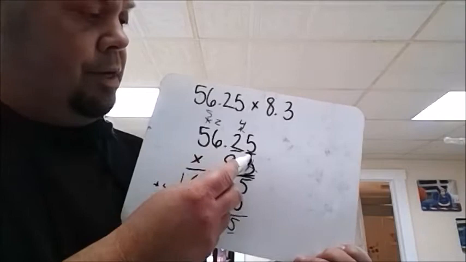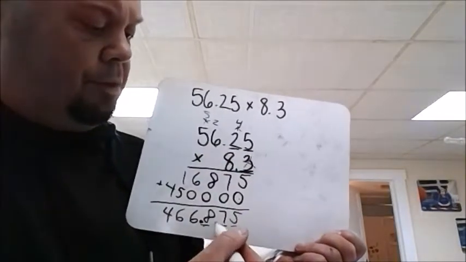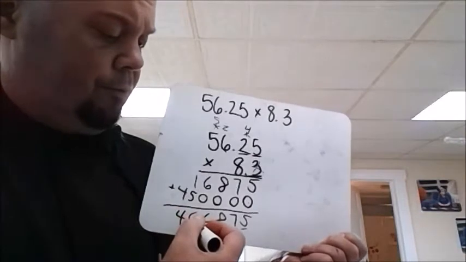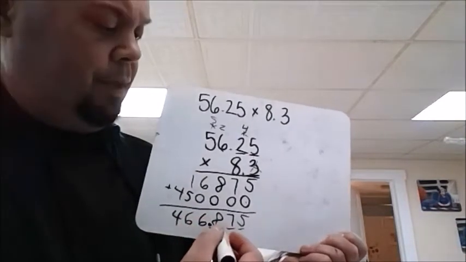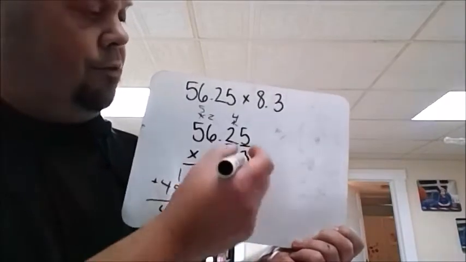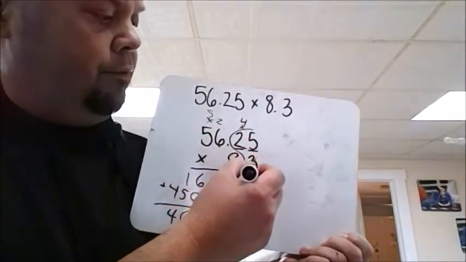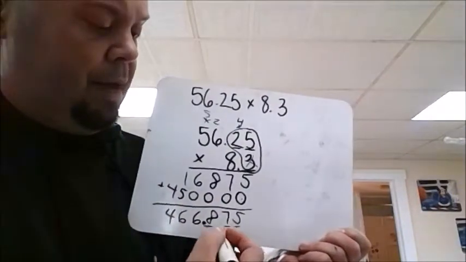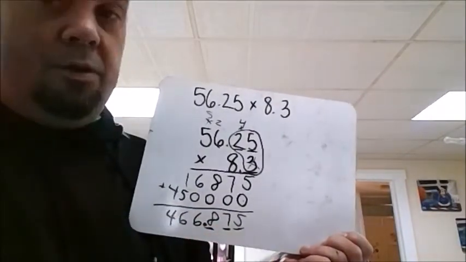Since there were 3 digits behind up above, there should be 3 digits behind down below. So your answer would be 466 and 875 thousandths. So again, it's the total number of digits behind a decimal. You need a matching number of digits behind your decimal down below.